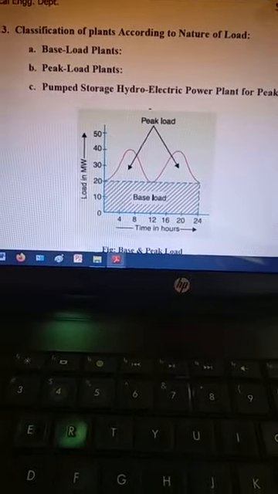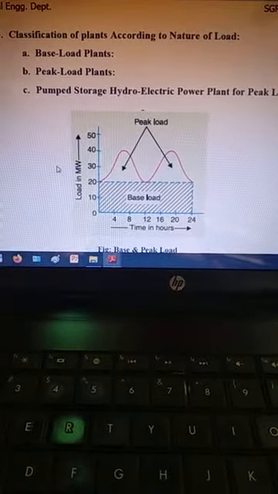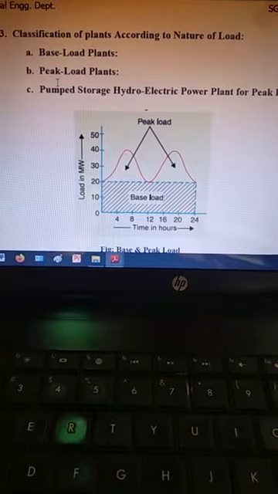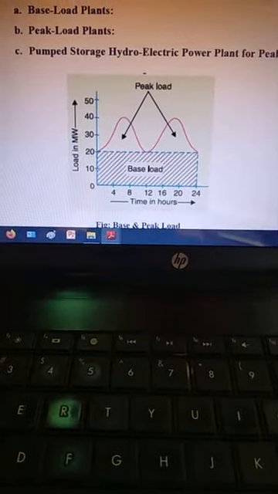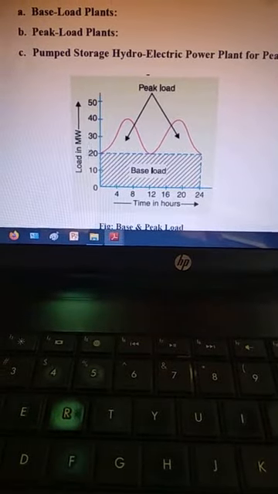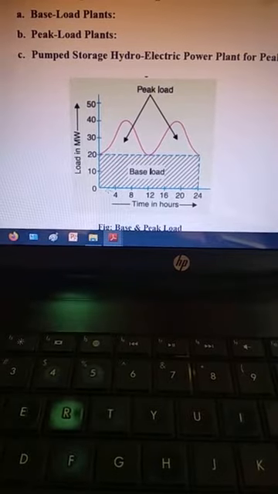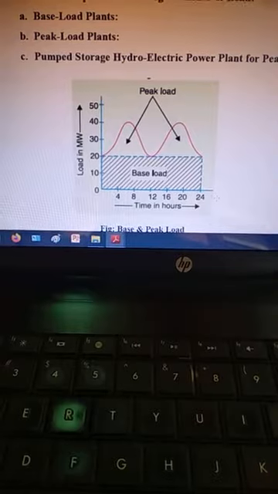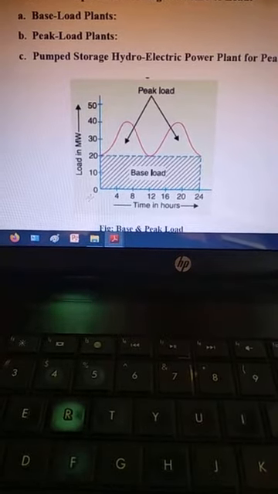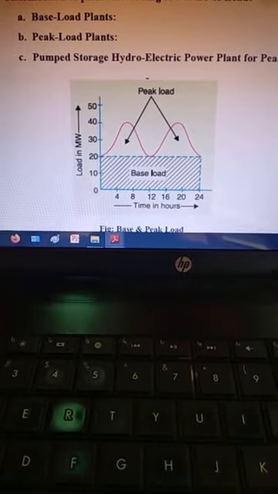So there are different requirements on the basis of residential areas or industrial areas. Suppose the first is base load plants. I can explain this from this graph. It's a graph plotted between load in megawatts and time in hours. Time is counted from 0 to 24 hours, and the value of load goes from 0 to 50.